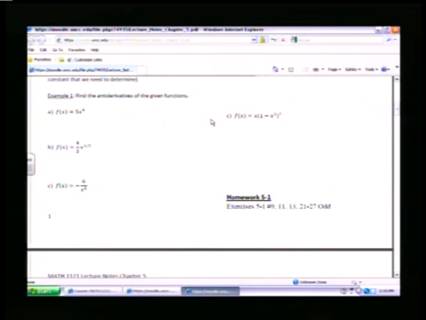Take a wet paper towel. I can write over that.